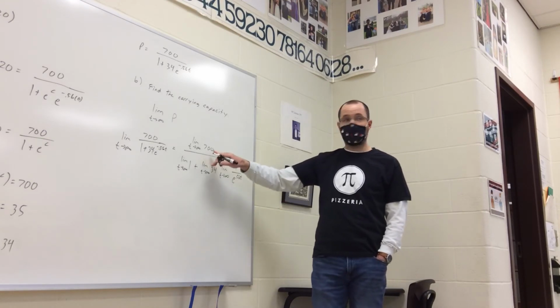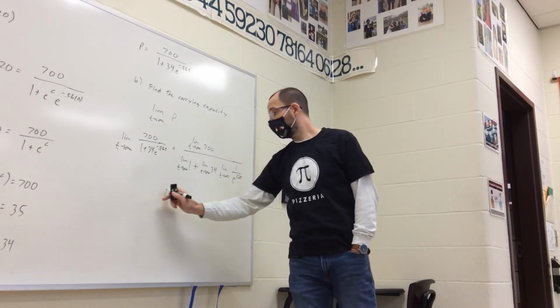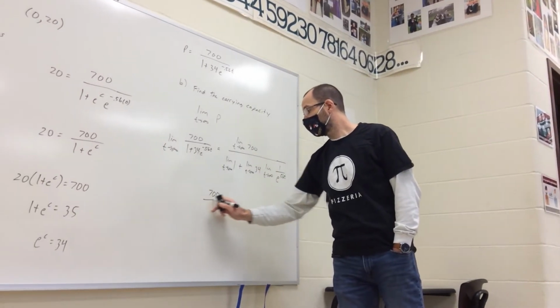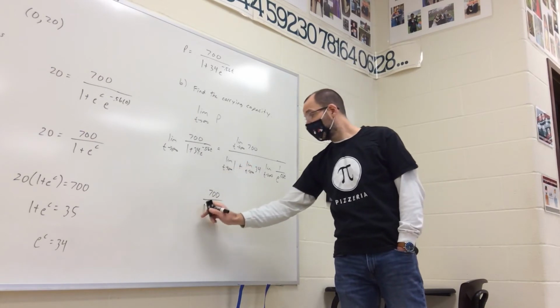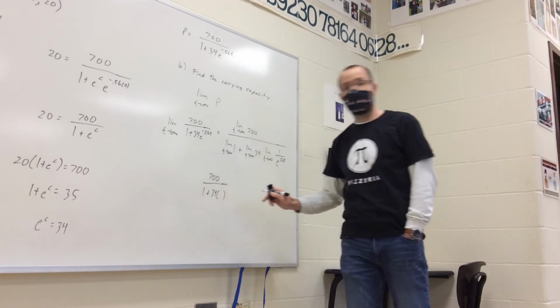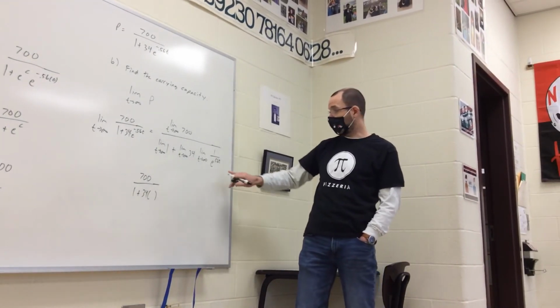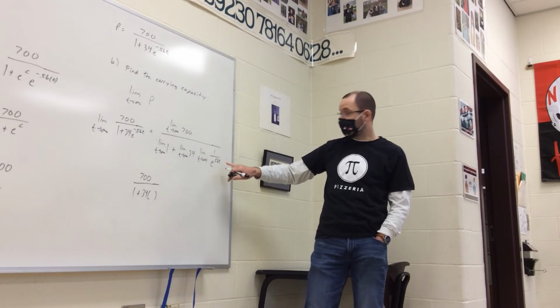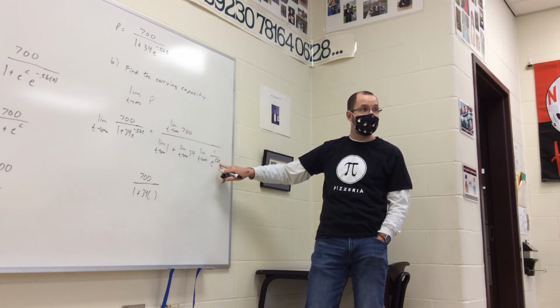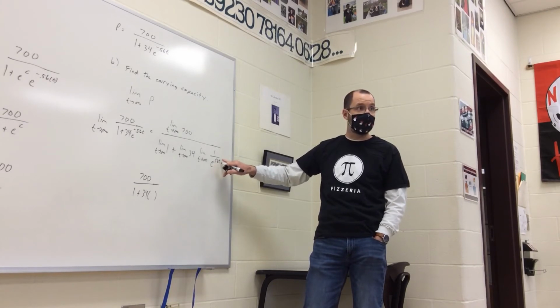So what's the limit of 700? 700, right? Then the limit of 1 is 1. The limit of 34 is 34. Okay, so here, if t gets really big, I'm going to be taking 2.7 to a really big power.